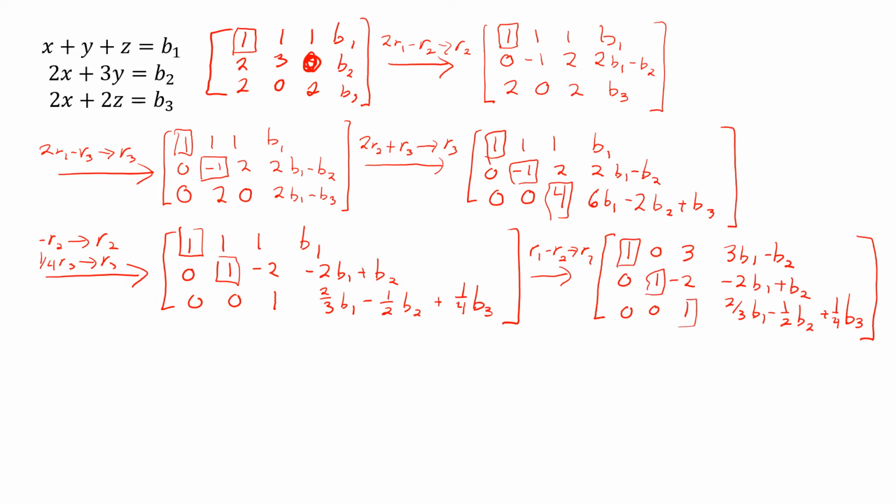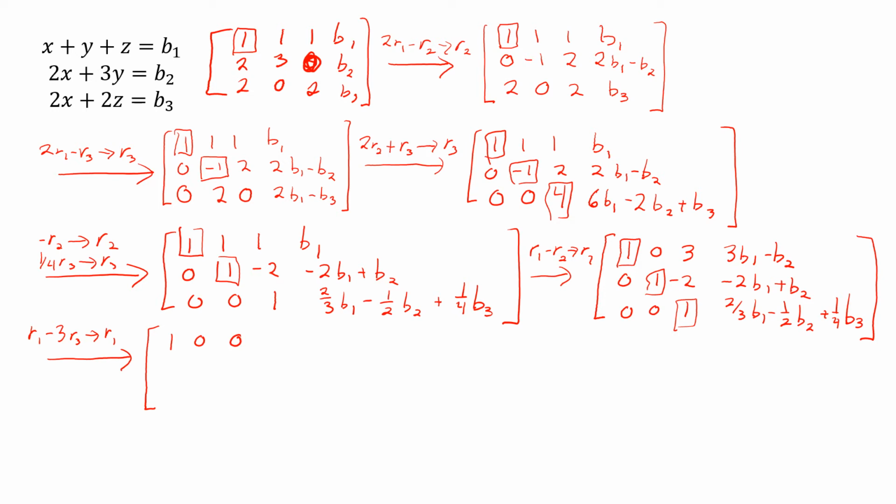Now we need to take care of our third pivot point, which again, the constant column is going to get a little complex, but let's take care of that. So if we take row 1 minus 3 times row 3 as the new row 1, we are going to get 1, 0, 0.